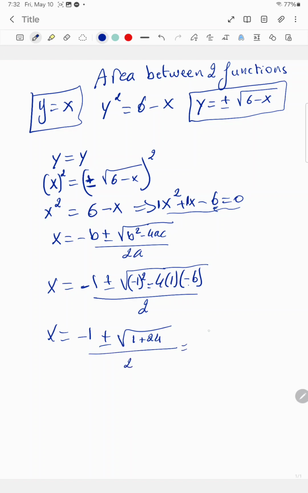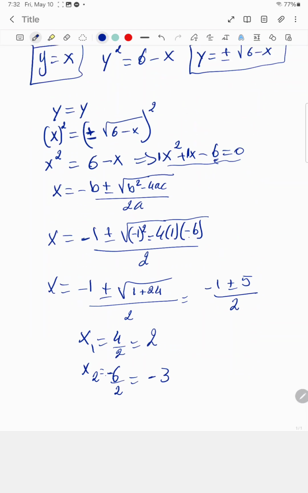So my x is equal minus 1 plus or minus 5 divided by 2. So my x1 is equal minus 1 plus 5 is 4 divided by 2, which is equal to 2. And my x2 is equal minus 1 minus 5 is minus 6 divided by 2, which is equal to minus 3.